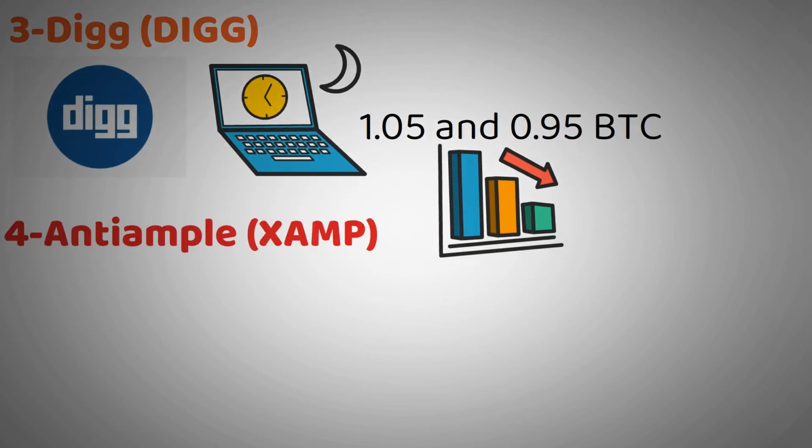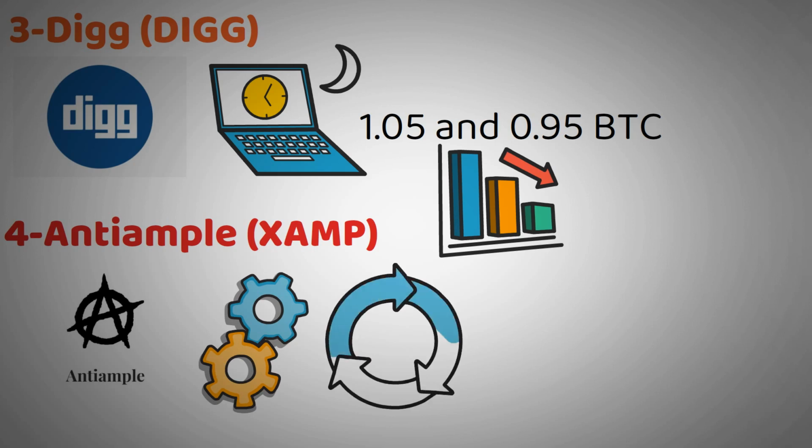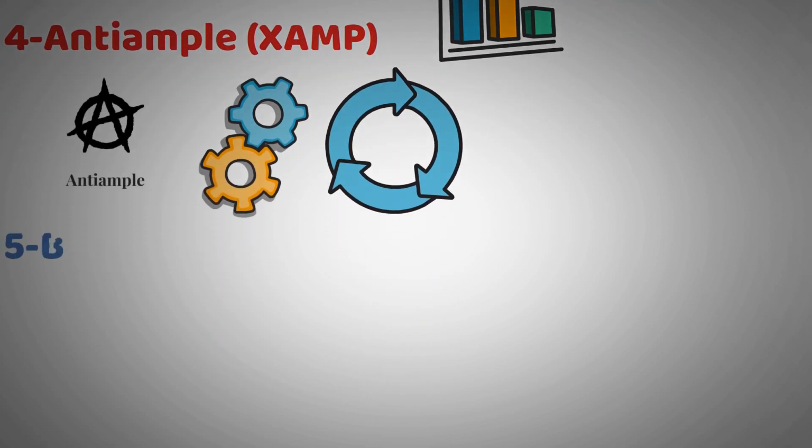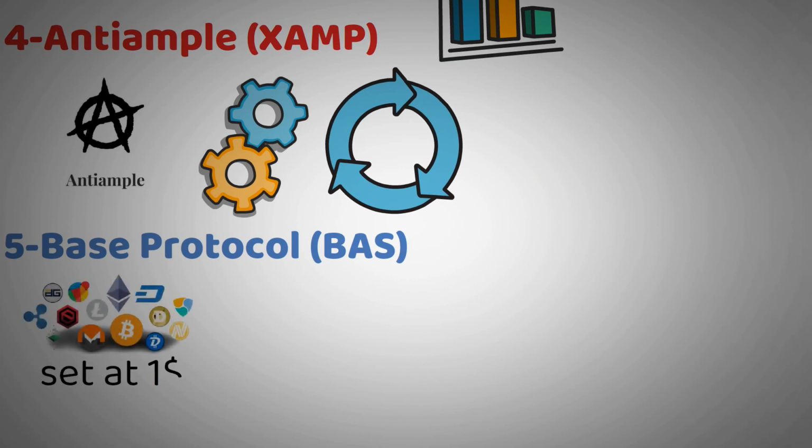Anti-Ample is a different kind of Rebase token as it constantly reduces its supply. Its mechanism is created as a modification of Ampleforth's mechanism, which makes it a negative Rebase token, having a constantly decreasing token supply in circulation. 5. Base protocol is tied to the market cap of all other cryptocurrencies, and its target price is set at $1 if the crypto market cap is at $1 trillion.